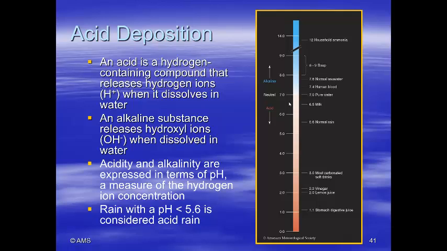So here we see a graph of the pH, and we have an acid is a hydrogen containing compound that releases hydrogen ions, H+, when it dissolves in water. An alkaline substance releases hydroxyl ions, and these are OH-.